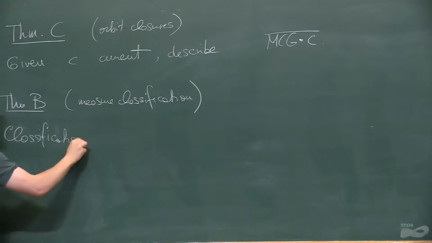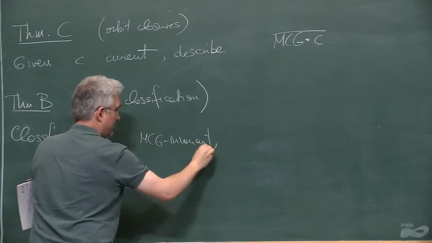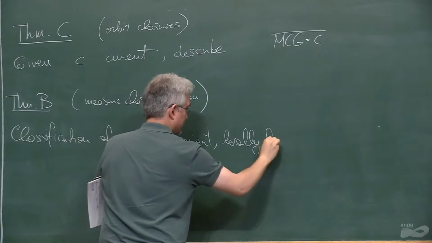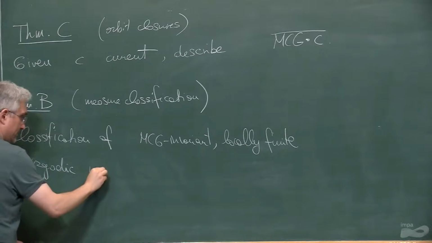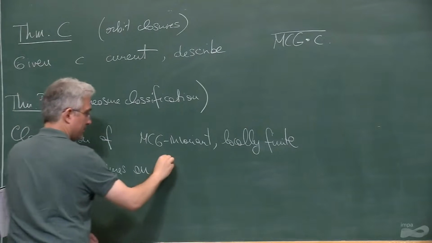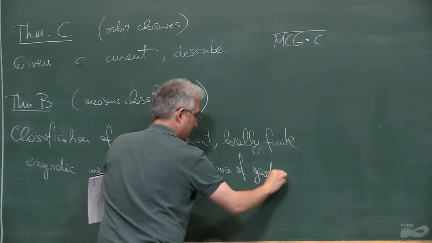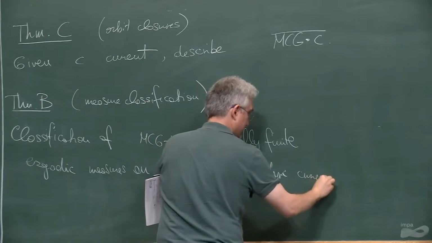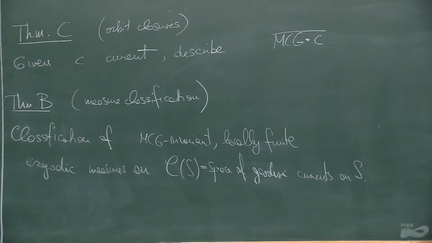Classification of mapping class group invariant, locally finite, ergodic measures on the space of geodesic currents on S. So there is a complete classification that mirrors and uses also similar results on measured laminations by Lindenstrauss, Mirzakhani, and Hamenstädt. And then there is an analogous one for homogeneous.